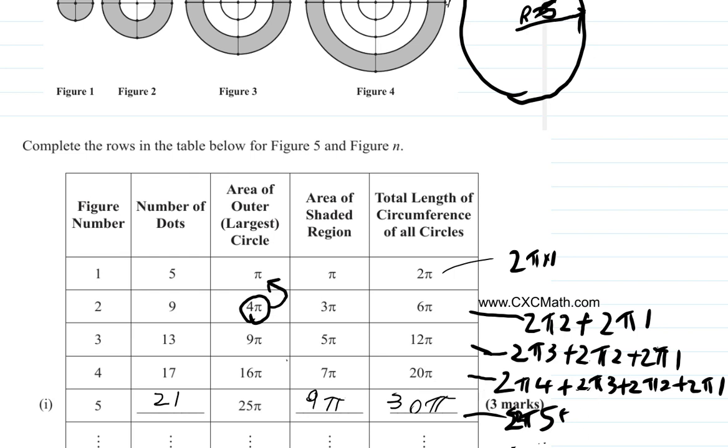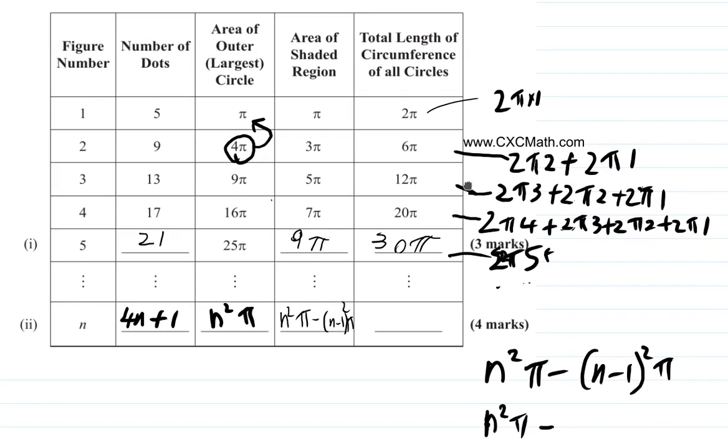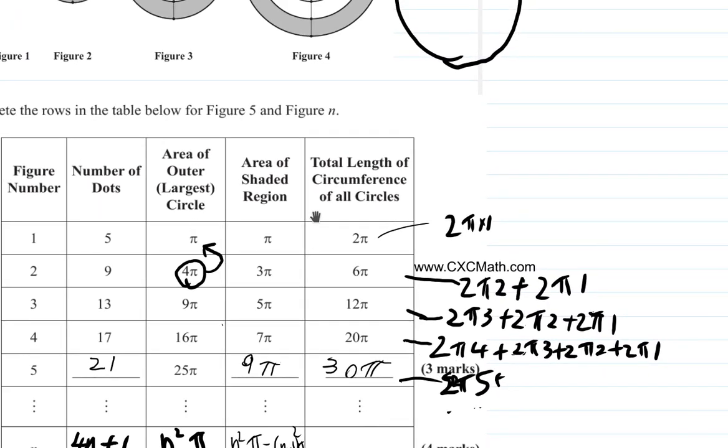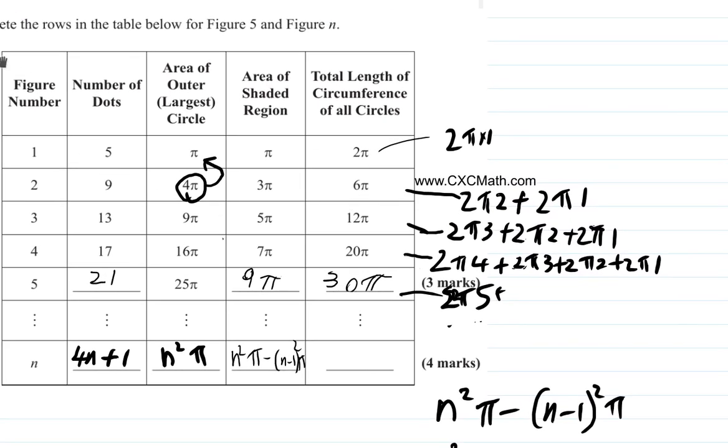So far, you can see, let me just put it over here. This seems to be developing into 2 pi n plus something. Right? Plus what? Let's see if we can come up with some other pattern.